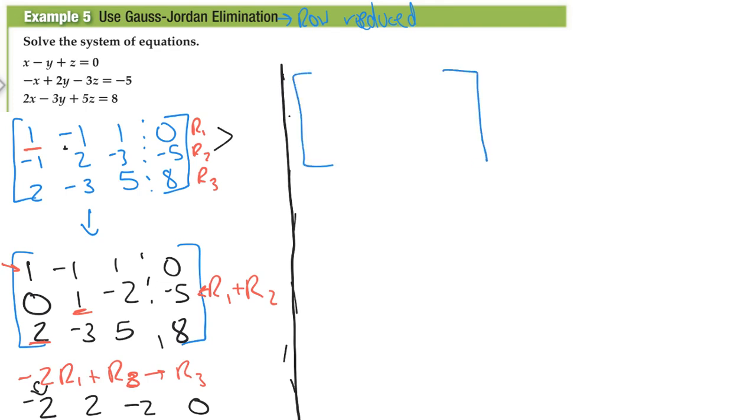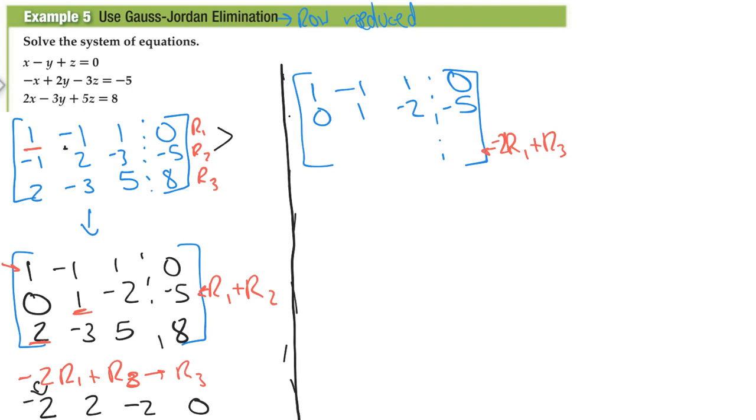Row 1 and row 2 did not change in this step, so we're going to keep them as 1, -1, 1, and 0; 0, 1, -2, and -5. And then the row 3 is what we did change. That was -2 row 1 plus row 3 to give us our new row 3.